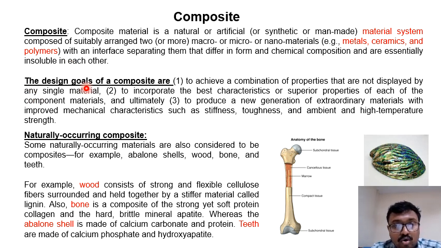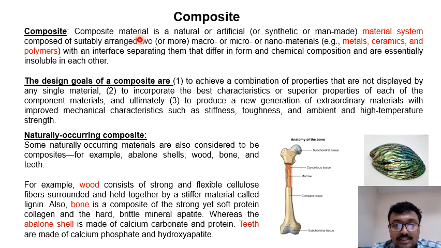The design and goal of a composite material. The first goal is to achieve a combination of properties that are not displayed by any single material. From the name you can understand that composite means when two materials are involved in one material.